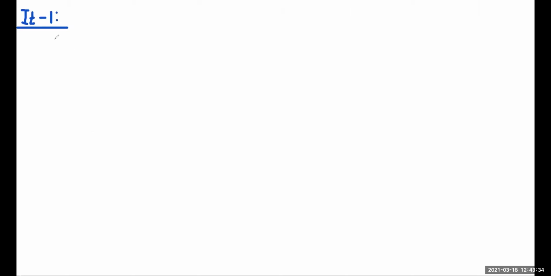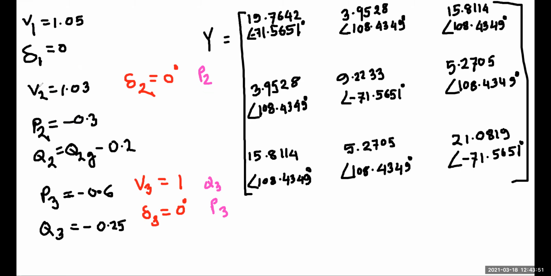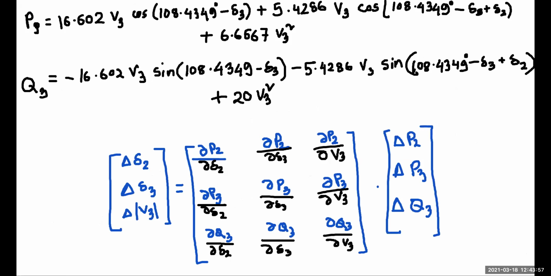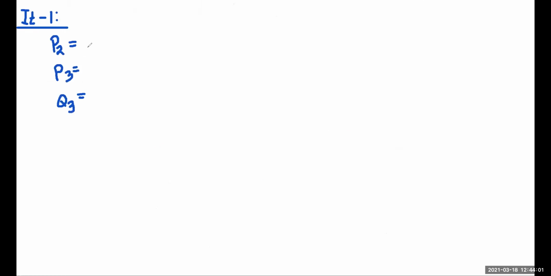So at first, you find P2, then you find P3, then you find Q3 by putting these values into these formulas, this one and this one.